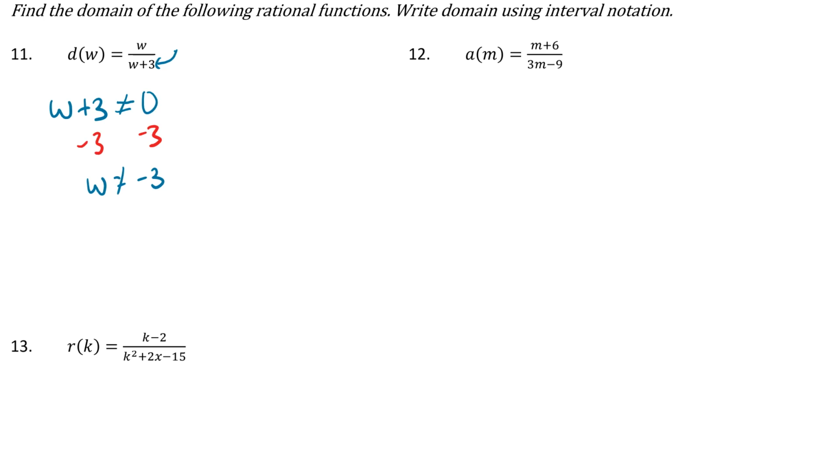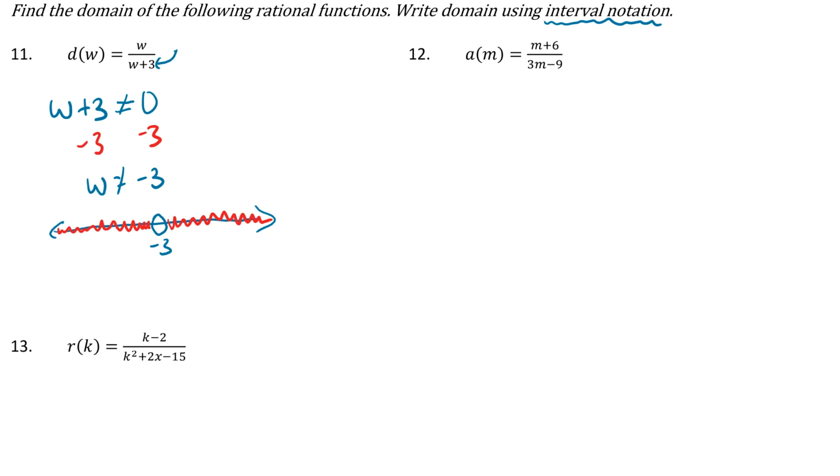Alright, now we want to write our answers in interval notation. So how do we do that? Well, let's start off with just a number line. So if we have -3, say right here, and I'm going to be putting that just as a big hole right there, then if w can be anything else, it means it can be anything over here, and it can be anything on the right.